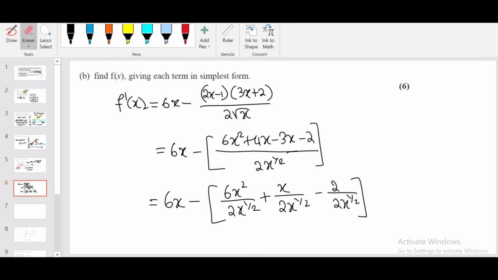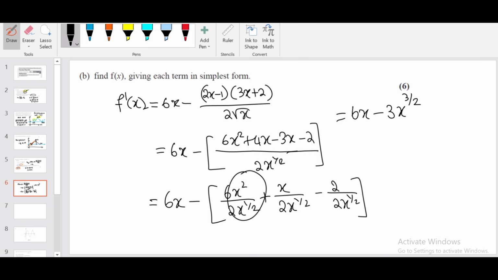So it's going to be 6x minus 6 over 2 is 3, x power 2 divided by x power half. You subtract the power, 2 minus half is x power 3 over 2. The next term becomes minus 1 over 2, x power 1 minus half is just half. The next term becomes positive, 2 will be cancelled, x power minus half. That's f dash of x.